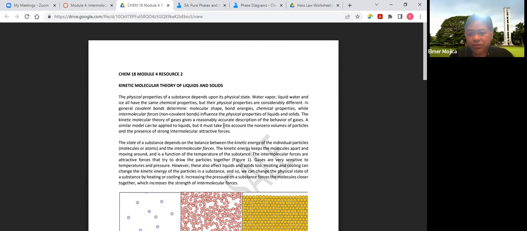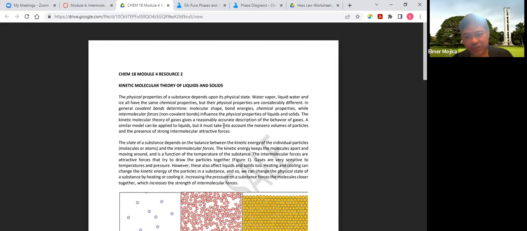I don't know if you heard the word vibration. So for instance, if you are an ice, yung ulo ko yung oxygen, tapos dalawang kamay ko yung hydrogen, may movement silang ganyan. Yung tinatawag naming stretching, it can be symmetrical or asymmetrical.